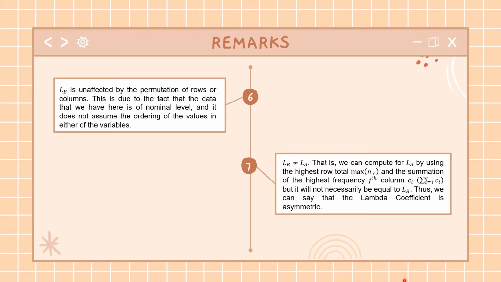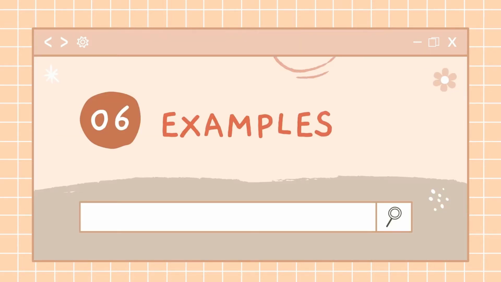But it will not necessarily be equal to Ls of B. Thus, we can say that the lambda coefficient is asymmetric. At ito yung sinabi natin kanina dun sa assumptions natin, yung third assumption natin na some asymmetry holds between the two variables. We shall now discuss examples.